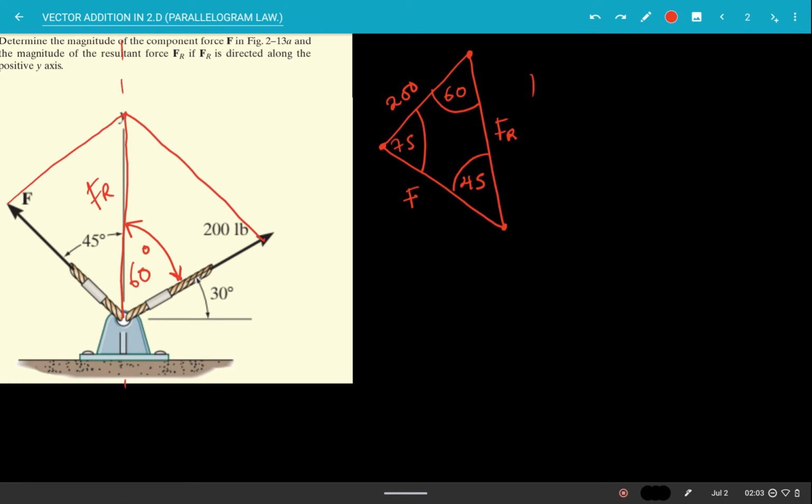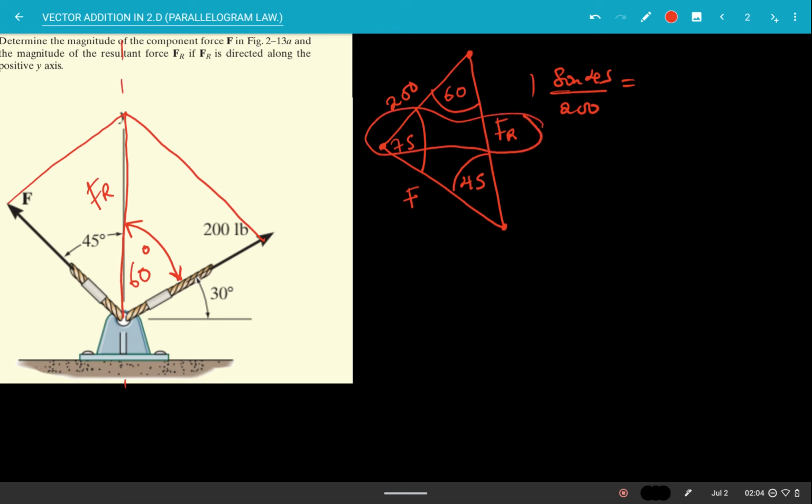So whenever we're using the sine rule, we always have to start with the side that gives you a lot of information. So I'll say sine 45 over 200 is equal to the side that you're looking for with its corresponding angle. I'll start with the resultant.